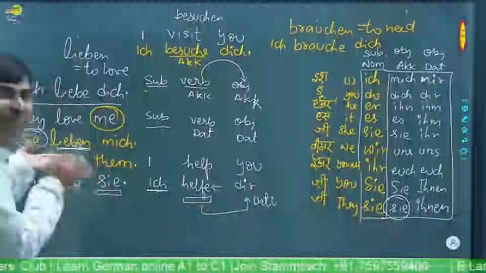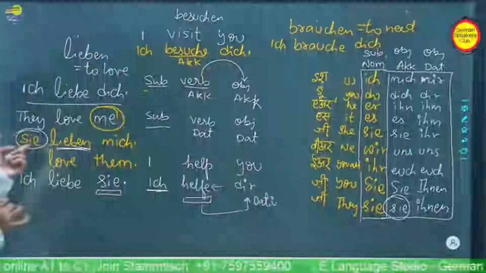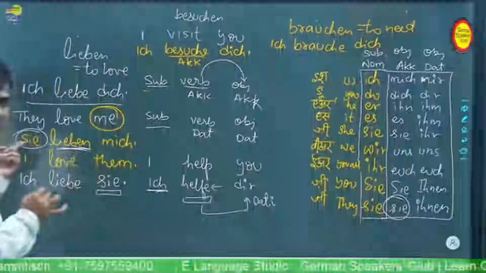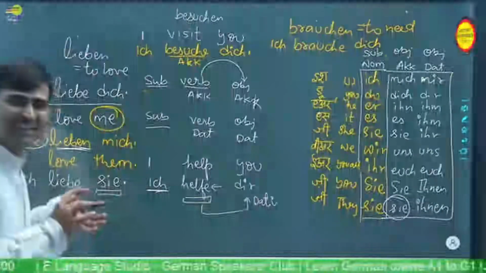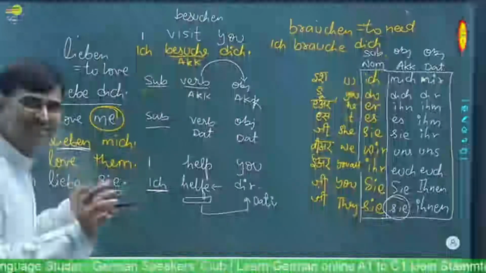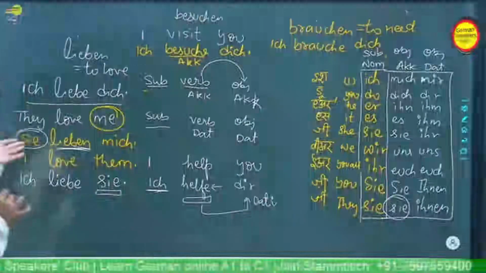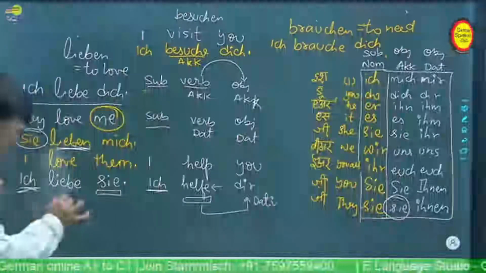Now, will the subject also get decided by the verb? No, not at all, because it doesn't depend. It is just the conjugation that we would do according to the subject. Because the subject already exists, but the verb always takes into consideration the object according to itself.